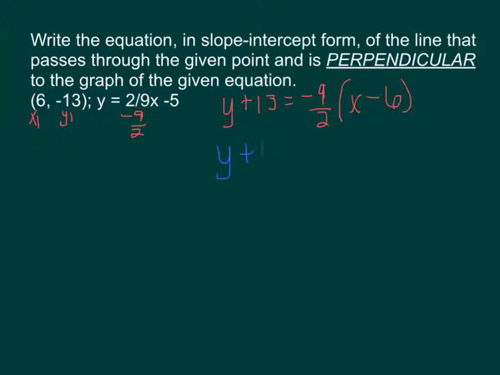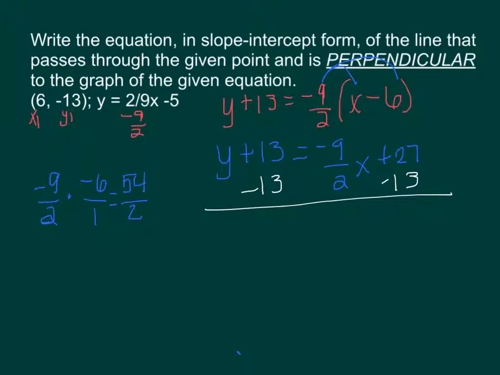Y plus 13 is equal to -9/2 x, and then we have to take 9/2 and multiply by -6/1. -9 times -6 is a positive 54. 2 times 1 is 2. 54 divided by 2 is a positive 27. Now I have to subtract 13 from each side. And my equation is y equals -9/2 x plus 14.